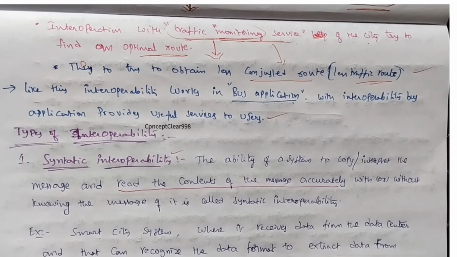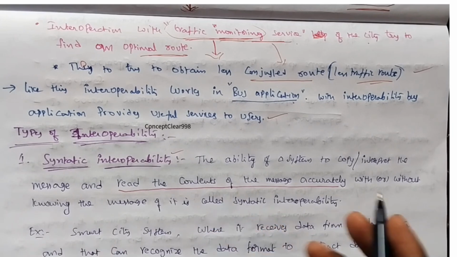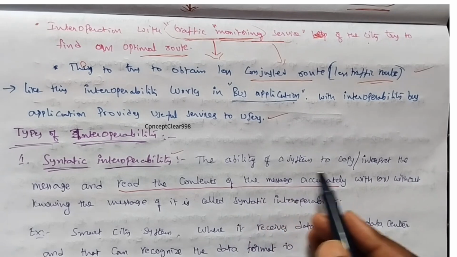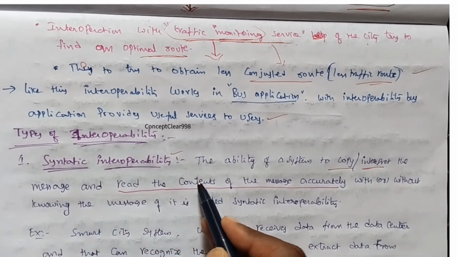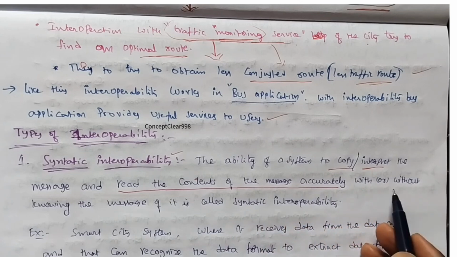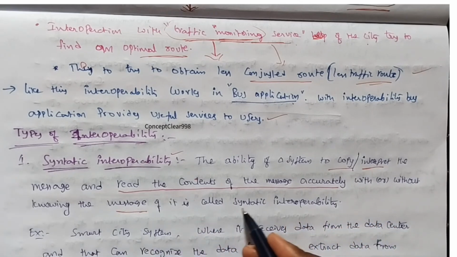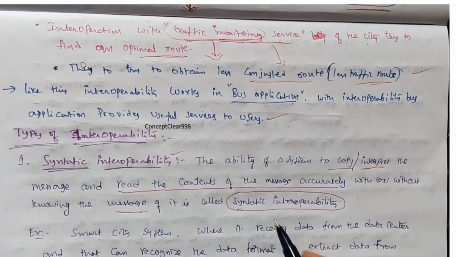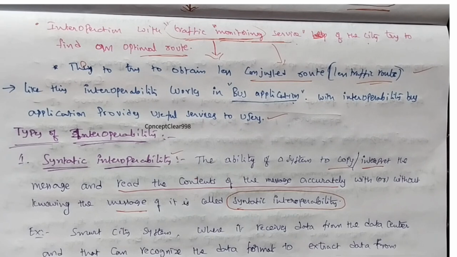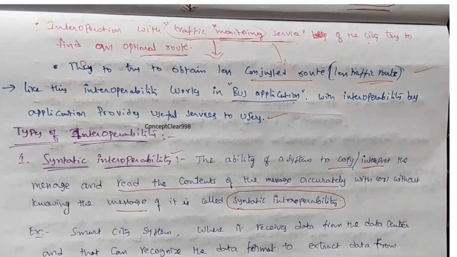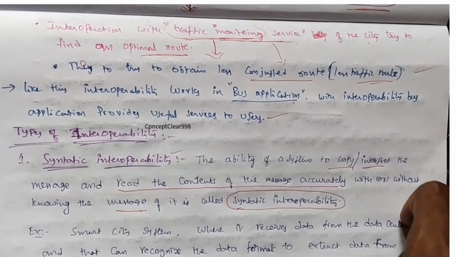Simple గా చెప్పాలంటే without knowing anything it will perform the operation. ఓకే, మనకి ఏం తెలియకపోయినా కూడా ఇది పర్ఫామ్ చేస్తుంది. చూడండి, ద ఎబిలిటీ ఆఫ్ ది సిస్టమ్ టు కాపీ ఆర్ ఇంటర్ప్రిట్ ద మెసేజ్ అండ్ ద రీడ్ ద కంటెంట్స్ ఆఫ్ ది మెసేజ్ అక్యురేట్లీ వితౌట్ knowing the message is called syntactic interoperability. మనకి మెసేజ్ని రీడ్ చేసుకొని యాక్యురేట్గా కాపీ పేస్ట్ చేయగలిగితే దాన్ని సింటాక్టిక్ ఇంటరాపరబిలిటీ అంటారు. అంటే అసలు అది ఏ కంటెంట్ అనేది మనకు తెలియకపోయినా కూడా మనం ఏదైనా వర్క్ చేయగలిగితే దాన్ని సింటాక్టిక్ ఇంటరాపరబిలిటీ అంటారు.